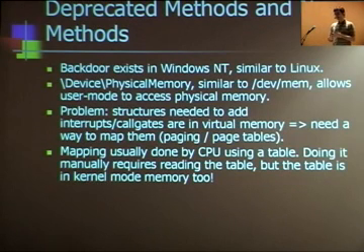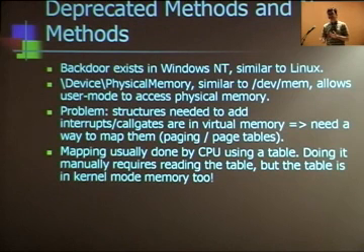However, on Windows NT, just like on Linux, there's this memory section called \Device\PhysicalMemory, which works like /dev/mem, which allows user mode to access physical memory. This is going to be a problem if you want to edit the IDT or the GDT, for example, because most OSs use virtual memory, which is a way of mapping physical memory using a different mapping, so most processes can share memory pointers.